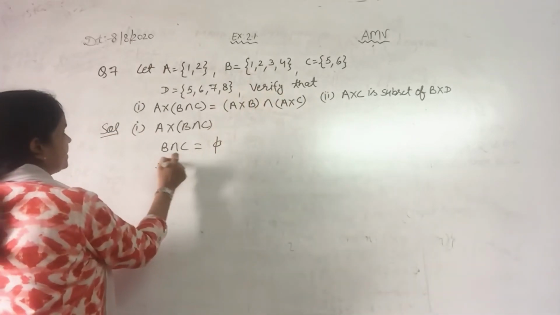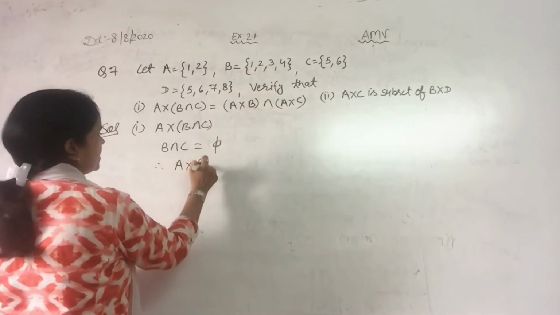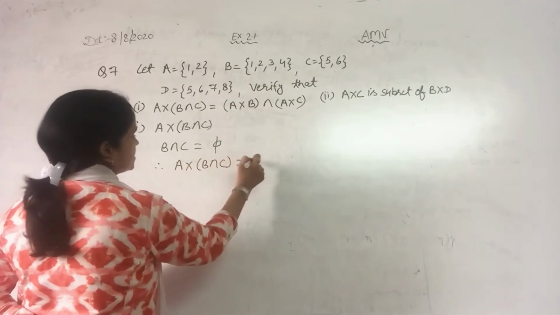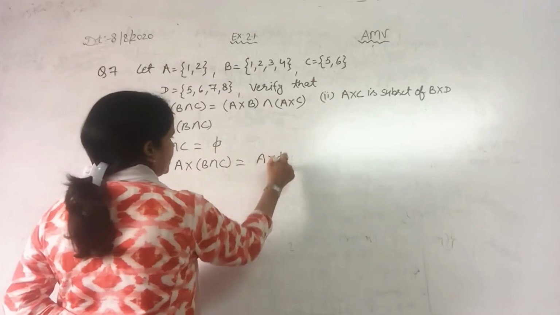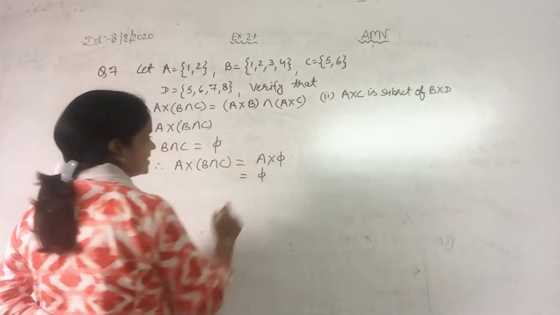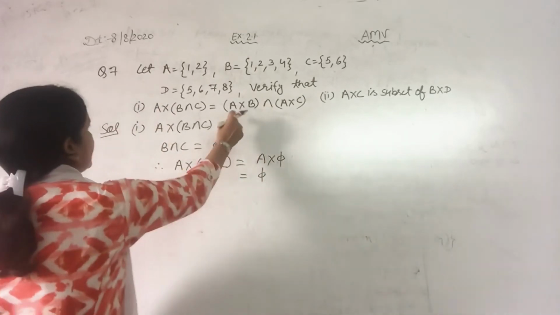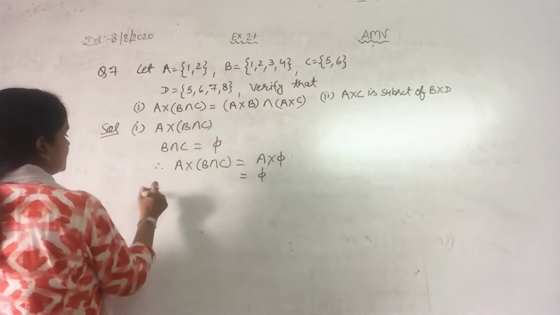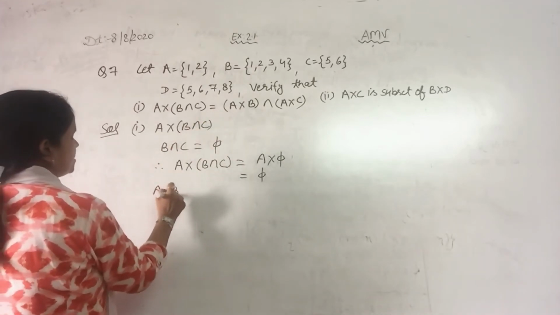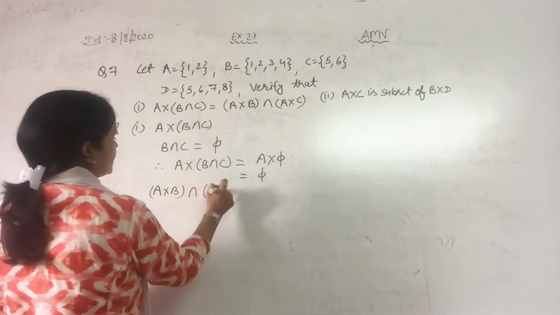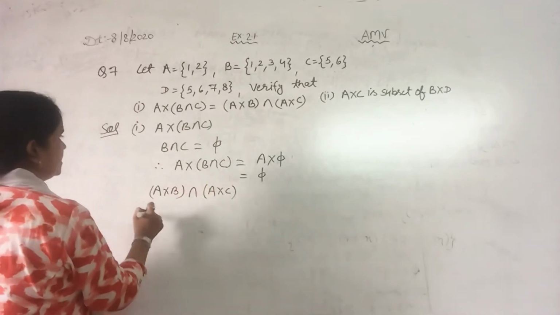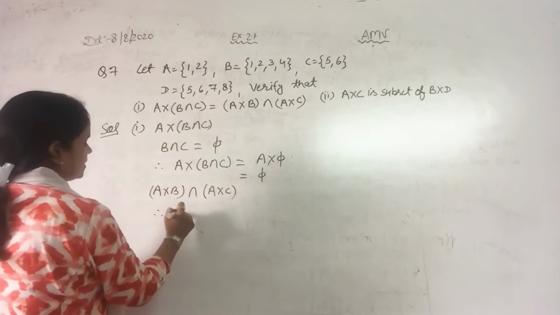Okay, and Cartesian product, it is A×(B intersection C) is A×null, so the answer is the null set. Okay, and now from the right side, Cartesian product A×B intersection Cartesian product A×C. First A×B.